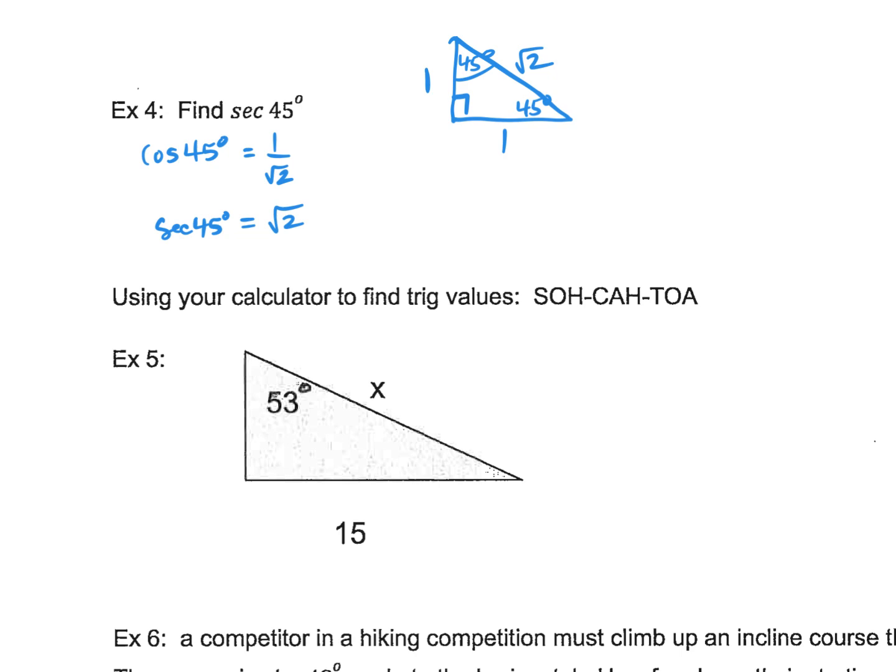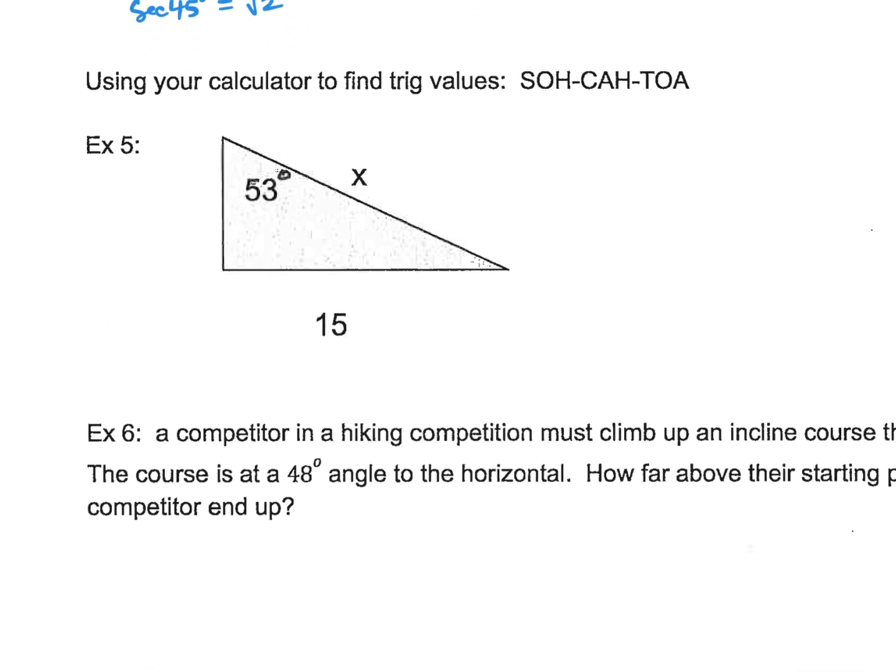Okay. Now, what if we have values that are not special triangle values? This is where your calculator comes into play. To do these, and I know you've done these before, you have to know your SOHCAHTOA. In other words, from the angle that you're given, you need to label opposite, adjacent, and hypotenuse.